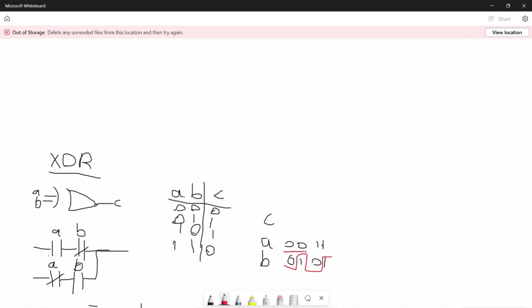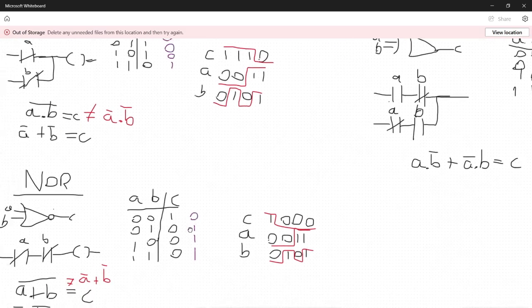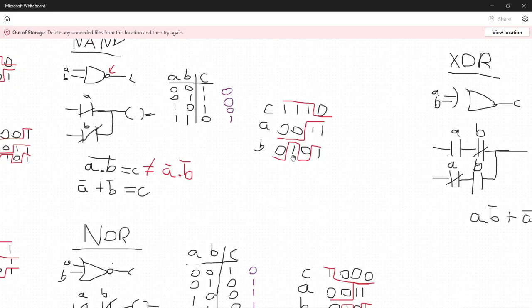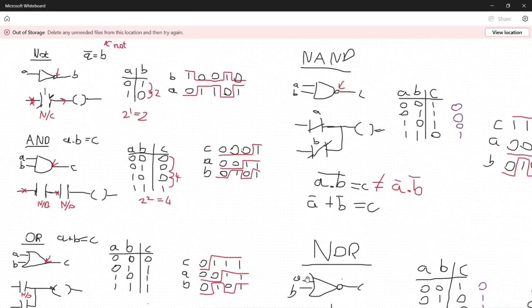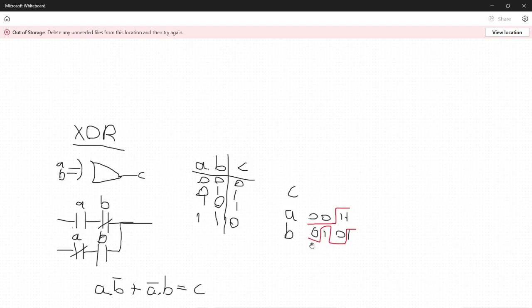So the main issue with this is unlike in previous gates, where with the NAND gate we just had to find a 1, or the AND gate where we just had to find a 0, this one you have to look at all the combinations. Since we have two inputs, we have to look at both of these inputs to figure out what's going to happen because we need to compare.